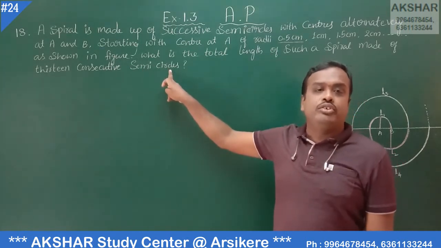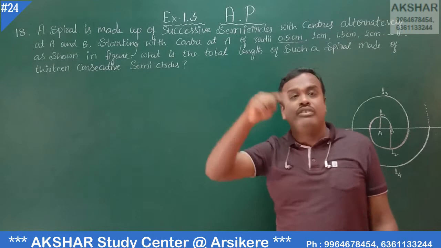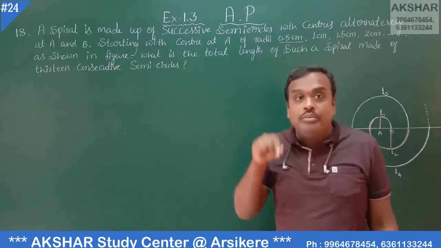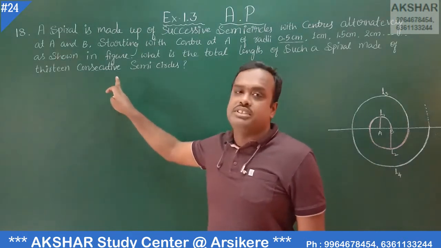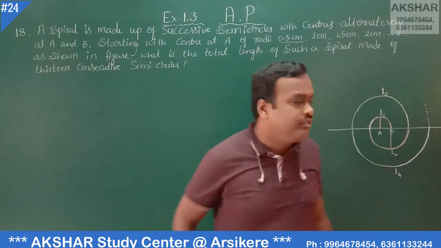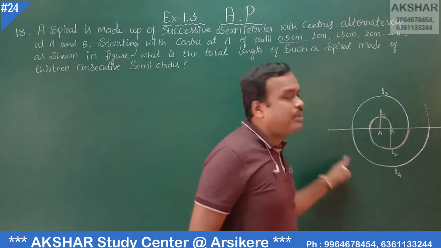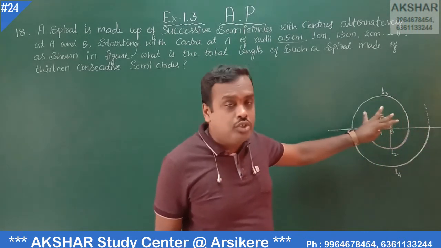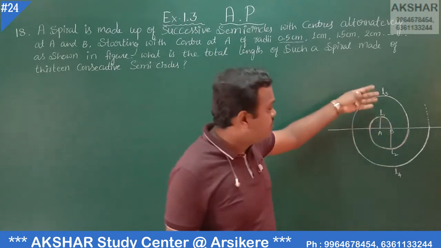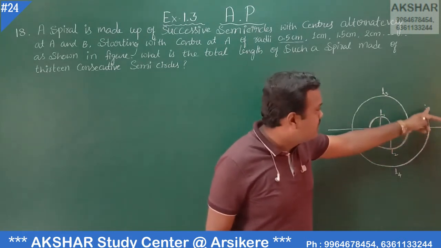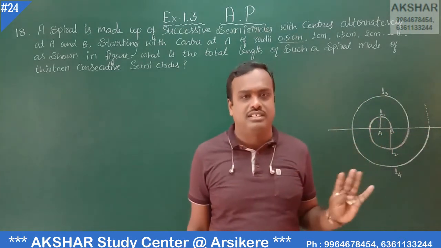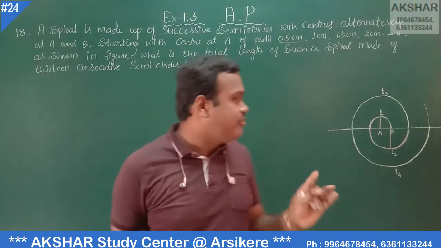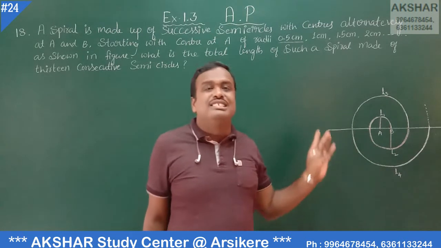Children, here we need to find the total length of a spiral made of semicircles. How many semicircles? 13 semicircles. I have drawn only a few here, and so on. That means there are 13 semicircles. This is the question. Here we need to find the length of the spiral.